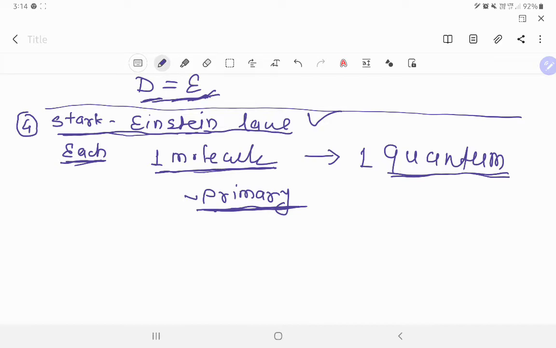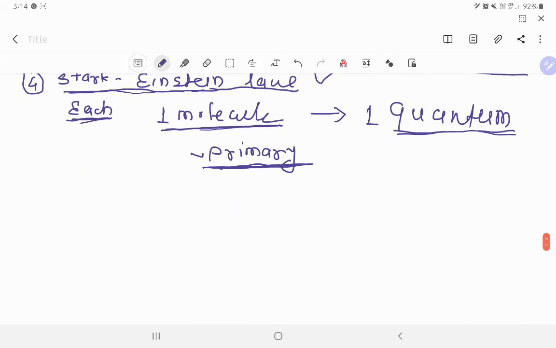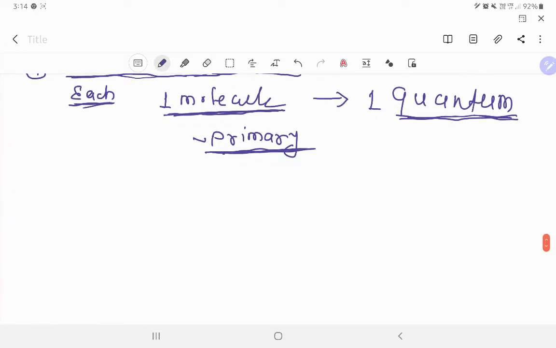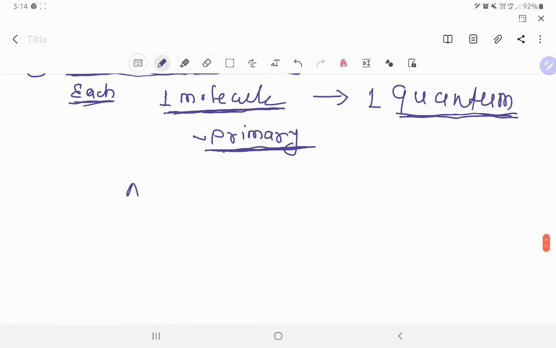This is the Stark-Einstein law of photochemistry. It is also called the law of photochemical equivalence. One molecule absorbs one quantum of radiation. Okay, it means if we consider A, it absorbs one h nu and forms an activated molecule A star.